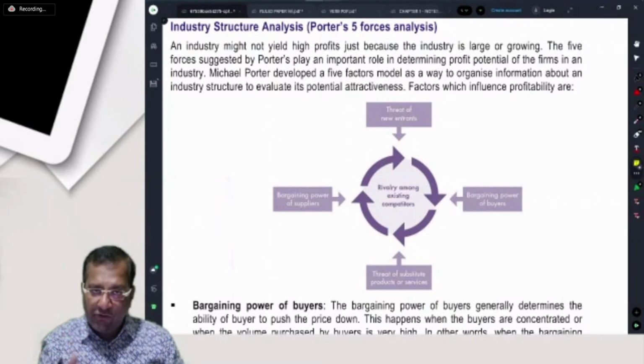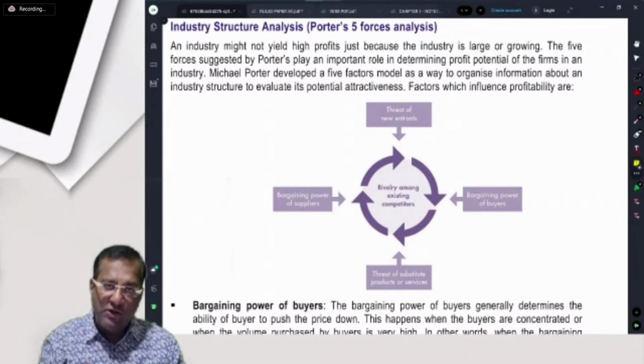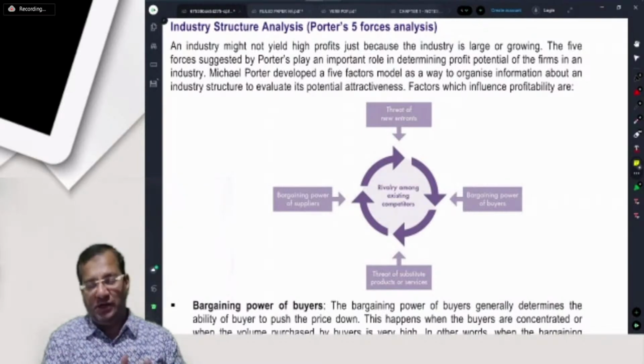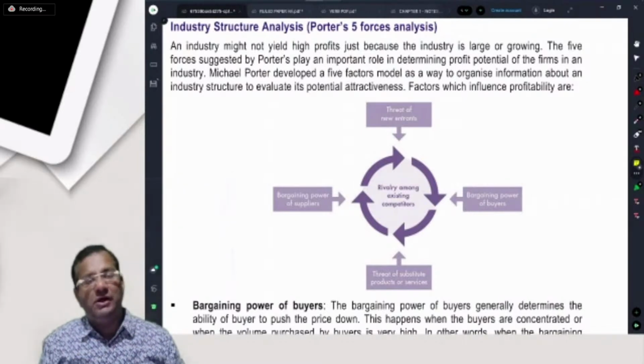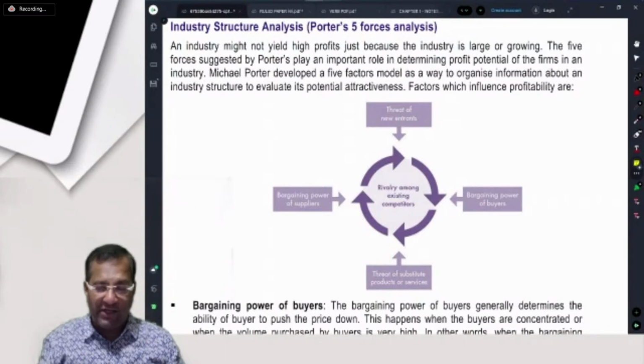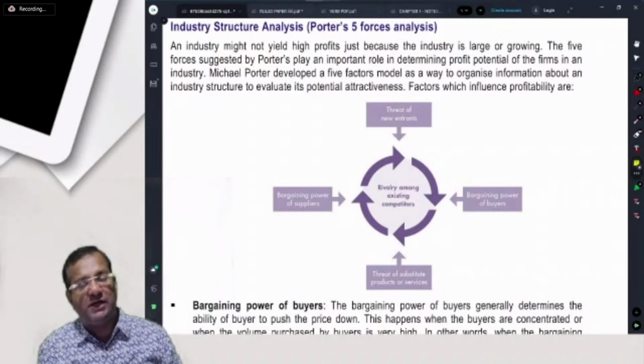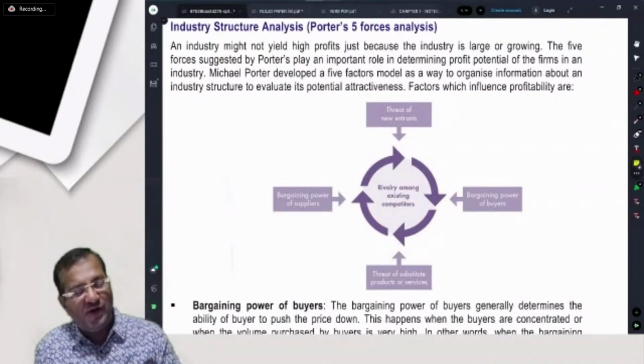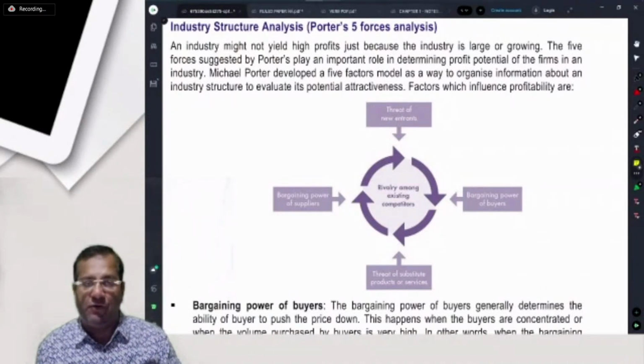If the majority of the points are in favor of our client, we should say yes, the client should enter the industry. But if the majority of the 5 points are not in favor of our client, then we will advise our client not to enter that particular industry.